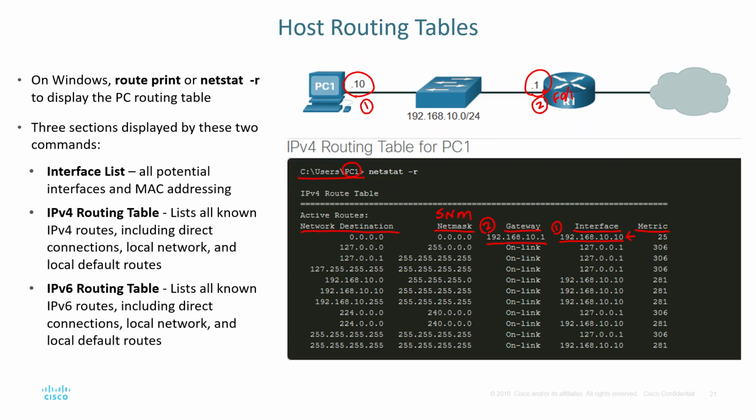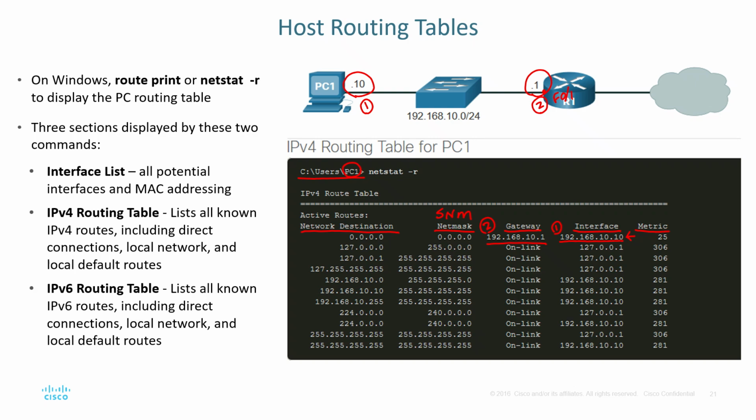Now, when you're trying to look at this, you want to be able to understand what these addresses are. Okay? So I already told you in a previous slide that 127 is a loopback address. So anything here that starts with 127 is going to be a loopback address.